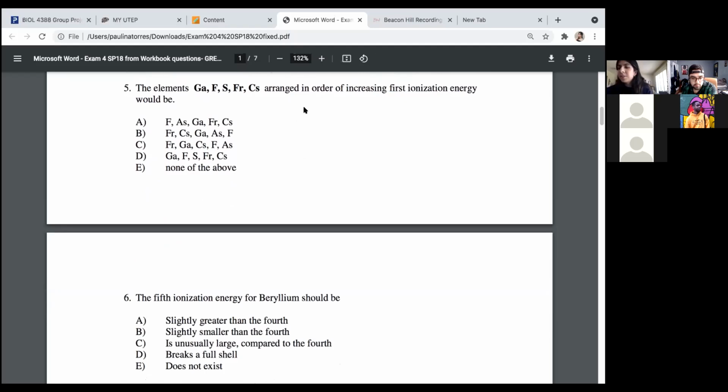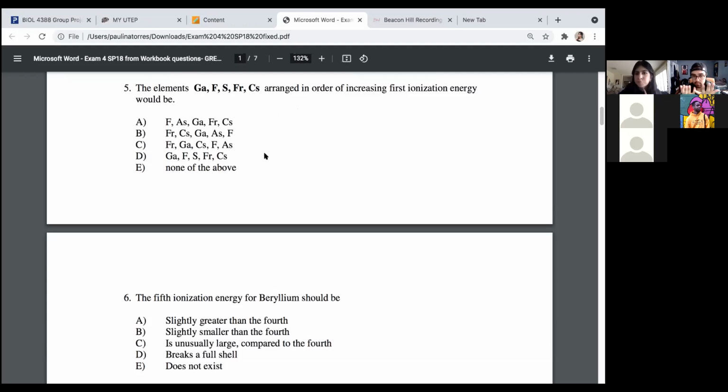Ionization, we talked about ions. Ions have charges, so ionization probably means making something an ion, right? First ionization energy is the energy it takes to remove that first electron and make something an ion, okay?